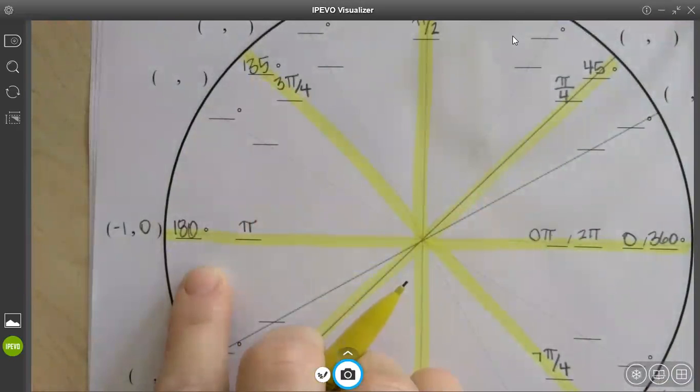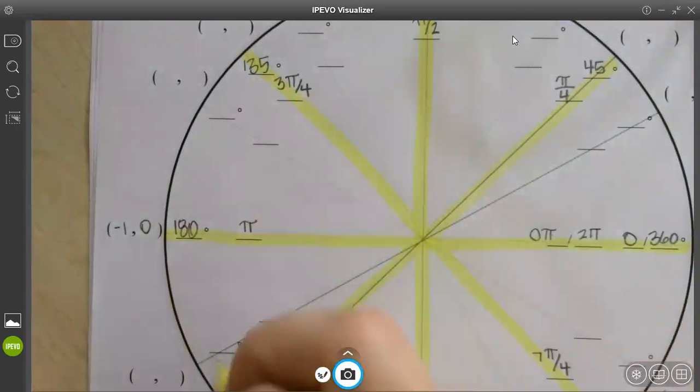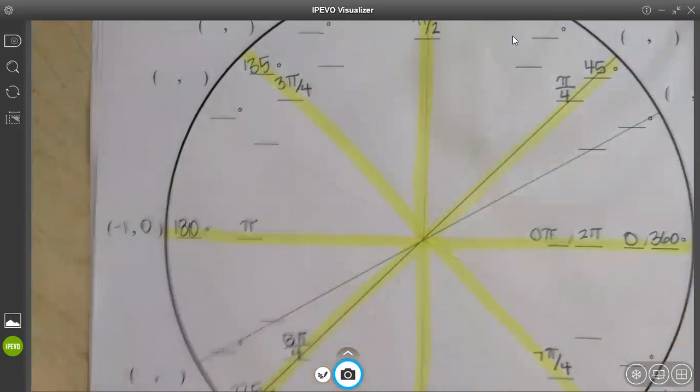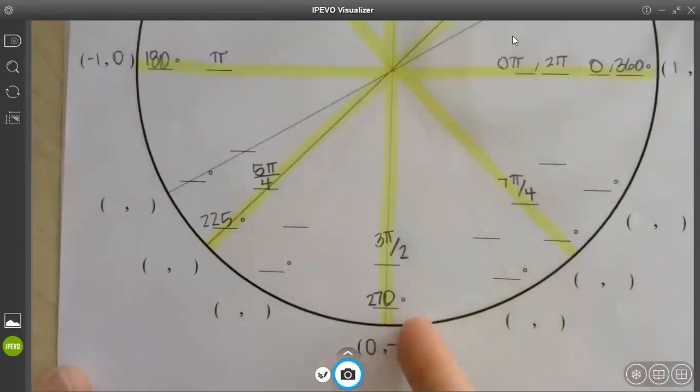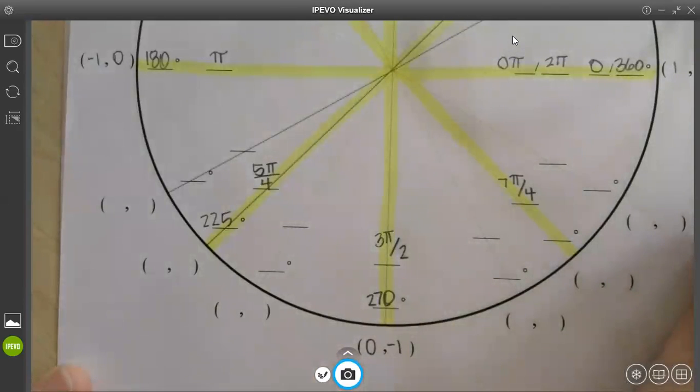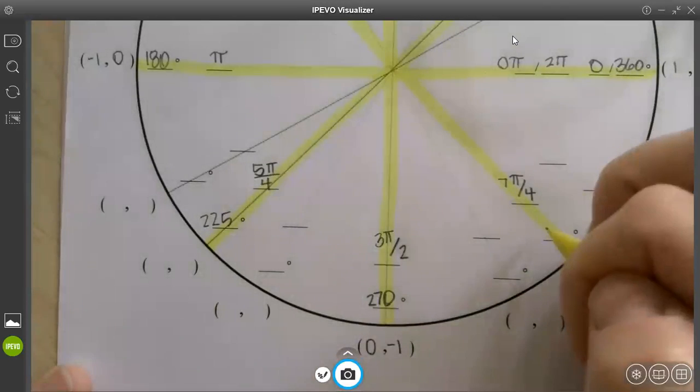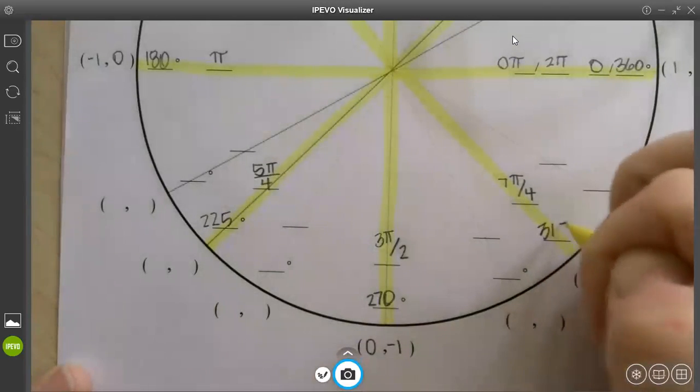If you need your calculator, get it out. 180 plus 45 is, say it again. Plus 45 is 270. Plus 45 is, say it again. Sorry, I just can't hear you.